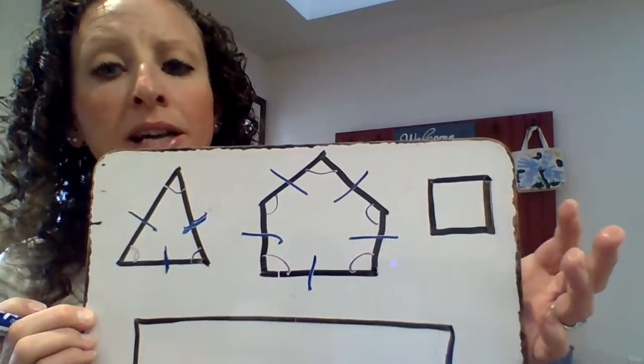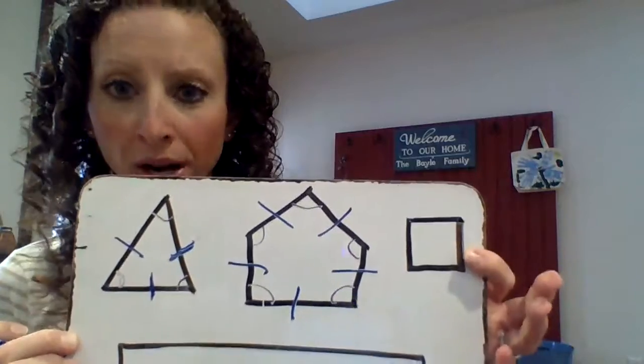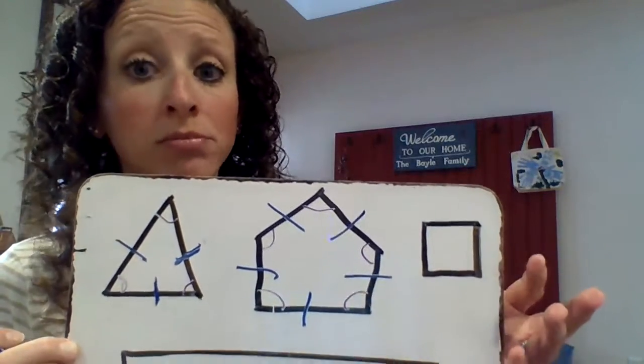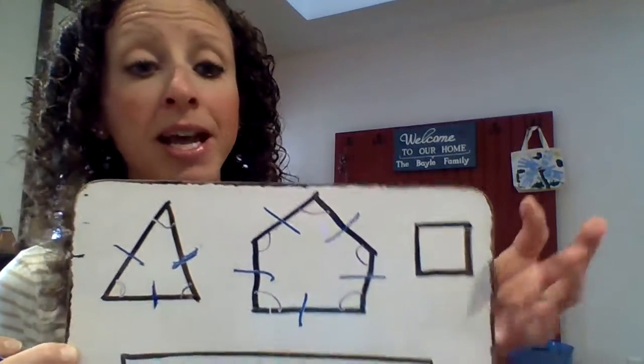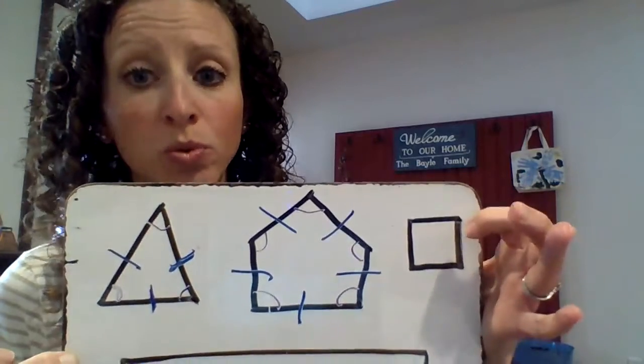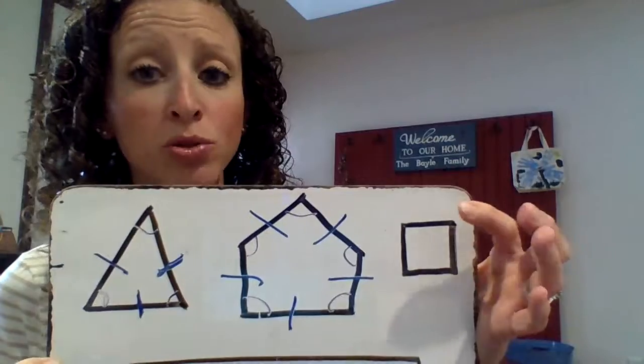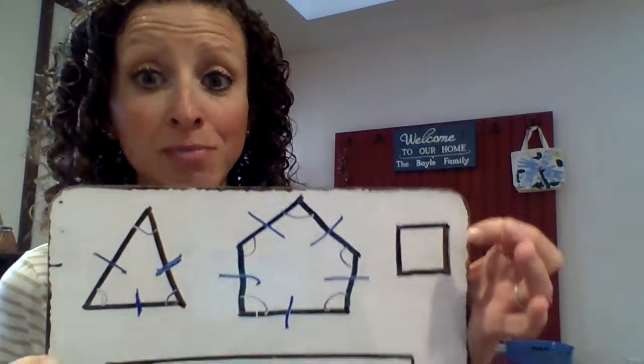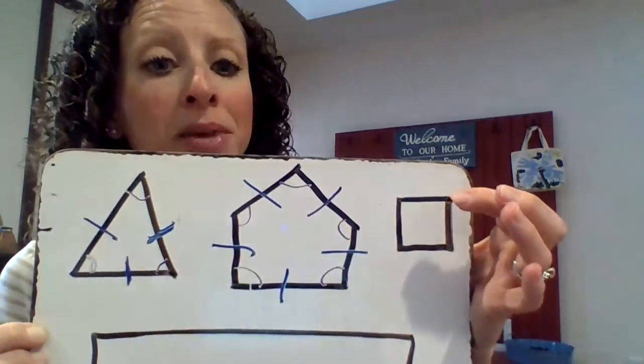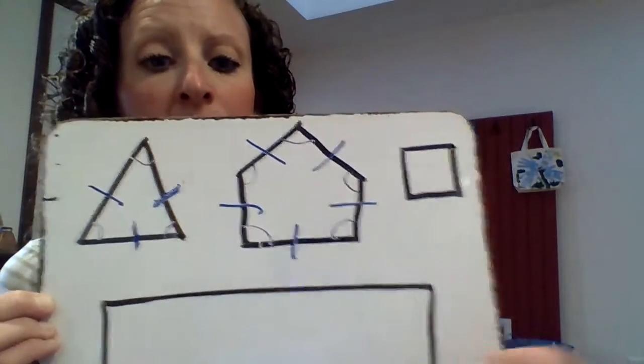Now this one, I tried my best, but he's a square. Now what makes a square a square? Well, it has to have 4 equal sides. So when you make a square, you want to measure and make sure that all of the sides are the same size. That's what makes him different than a rectangle.